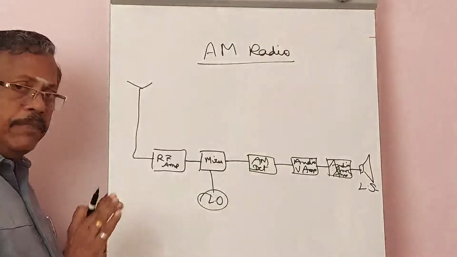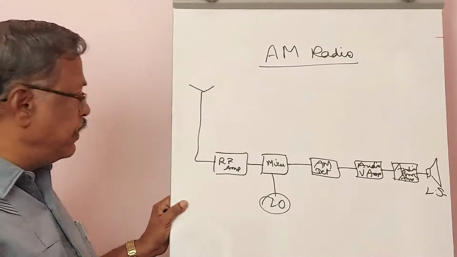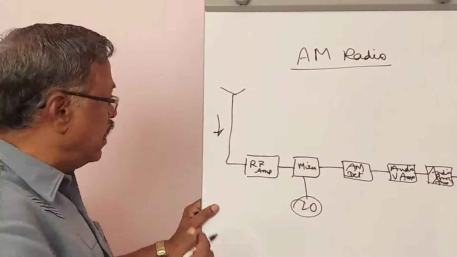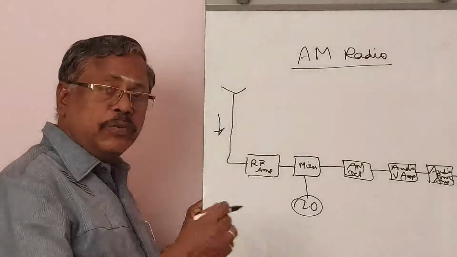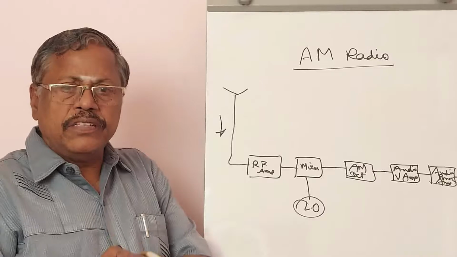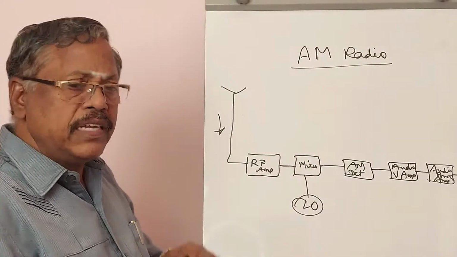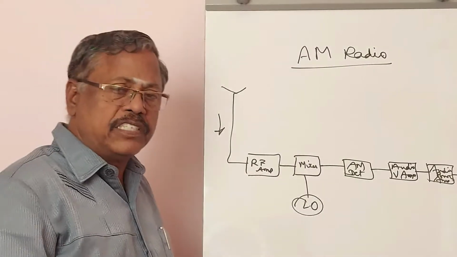What is an RF amplifier? An RF amplifier is a high frequency amplifier which will receive the small amplitude RF signal through the receiving antenna, and it will amplify it, because the signal is going to be very, very small, in the order of microvolts. When the signal is in microvolts, it cannot be used for detecting or processing.